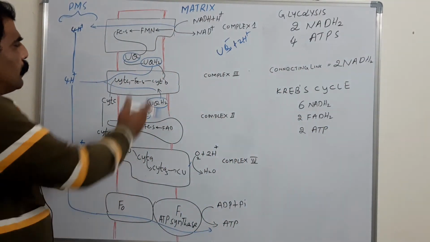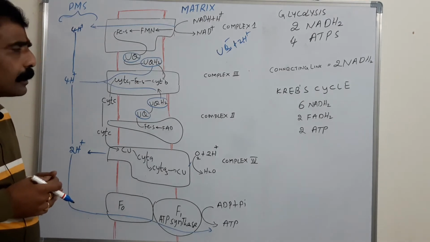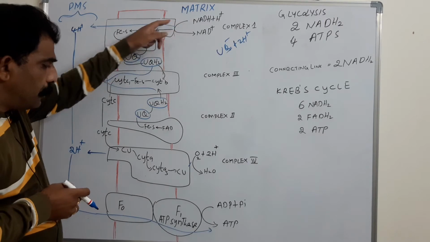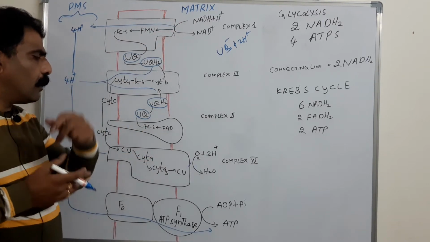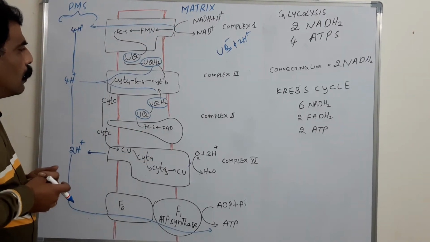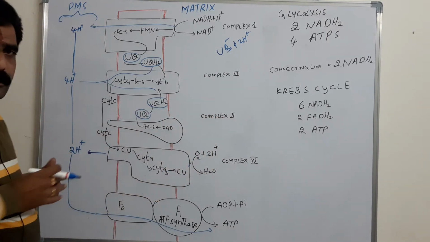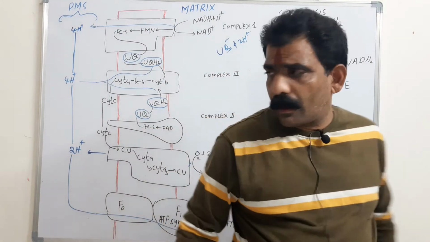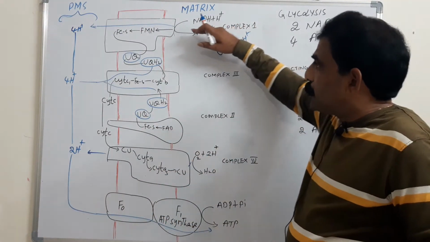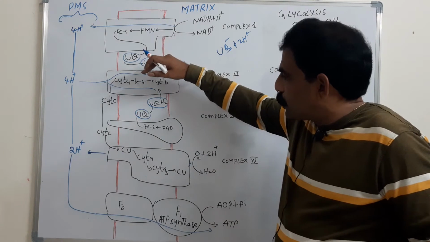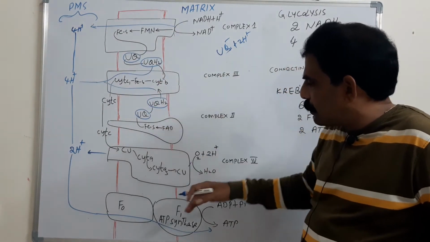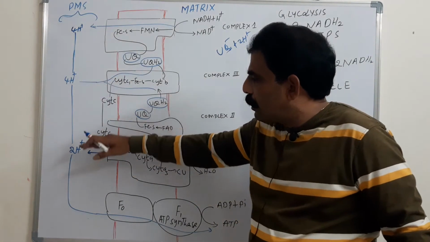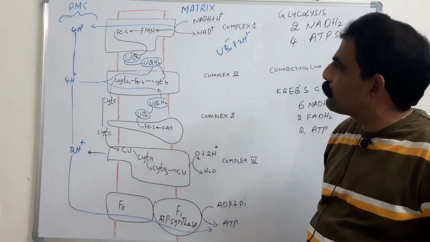Okay. During the transport of electrons through various intermediate electron carriers from NADH2 finally to oxygen, how many protons are pumped into the perimitochondrial space is the question. During the transport of a pair of electrons through various electron carriers finally to oxygen, at 3 points protons are pumped out.